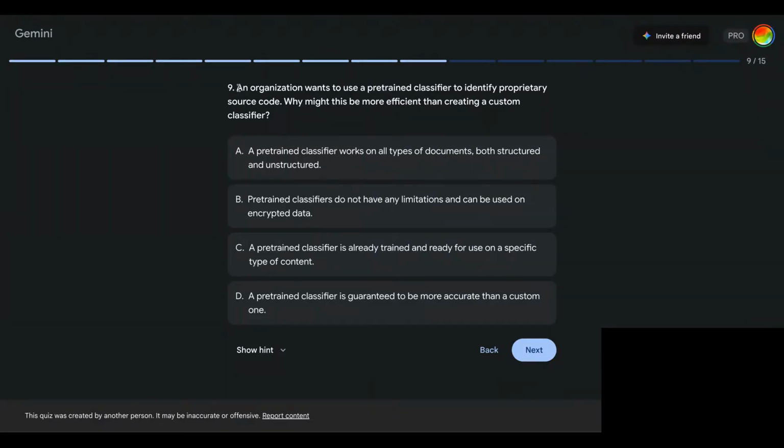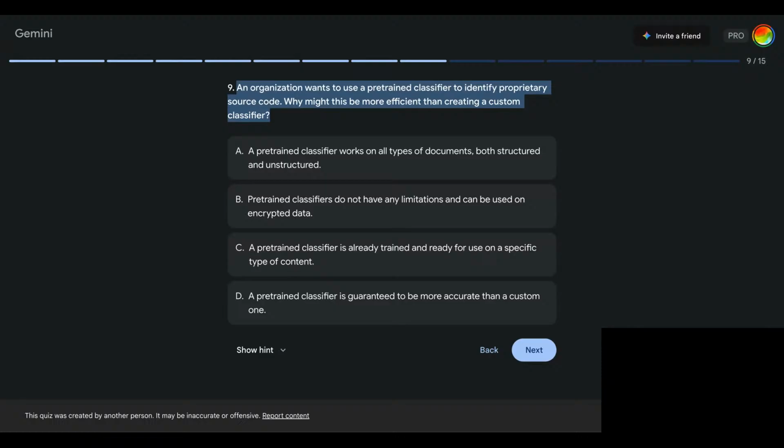So let's go to number 9. An organization wants to use a pre-trained classifier to identify proprietary source code. Why might this be more efficient than creating a custom classifier? So the organization wants to use a classifier that came with the product.